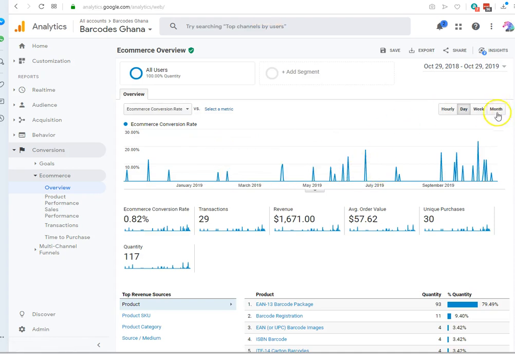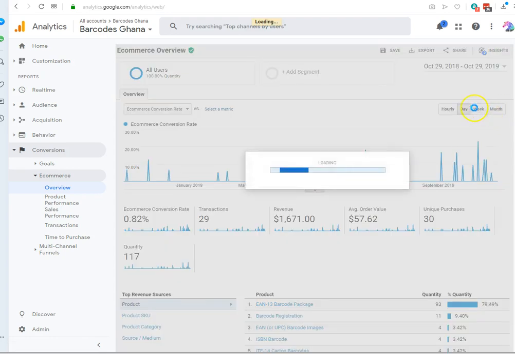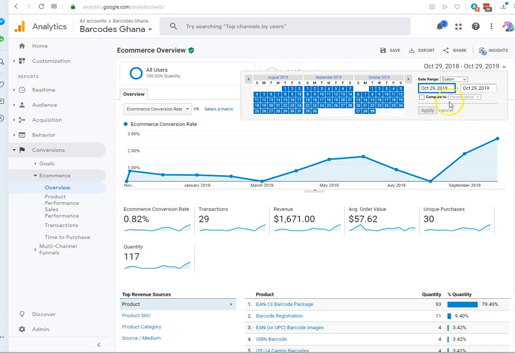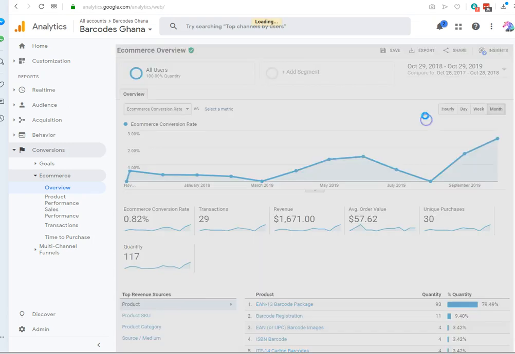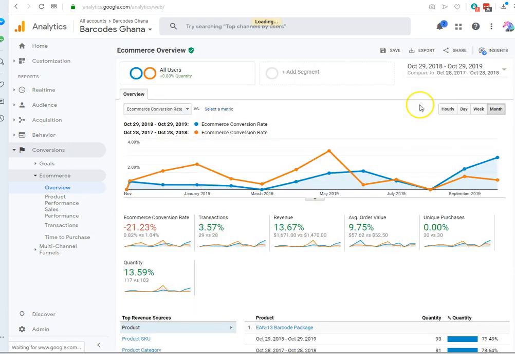Okay, let's show you what it's like. You can probably look by month, and then you can probably compare the previous period. I don't know if Ghana goes back that far, possibly doesn't. Okay, so you can start to compare what's happened.